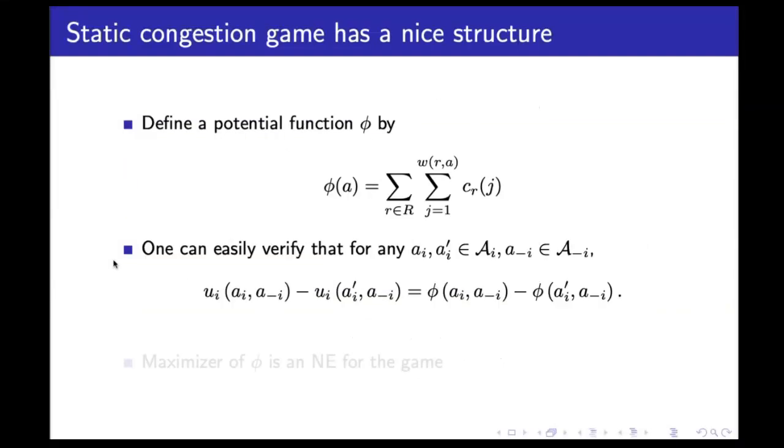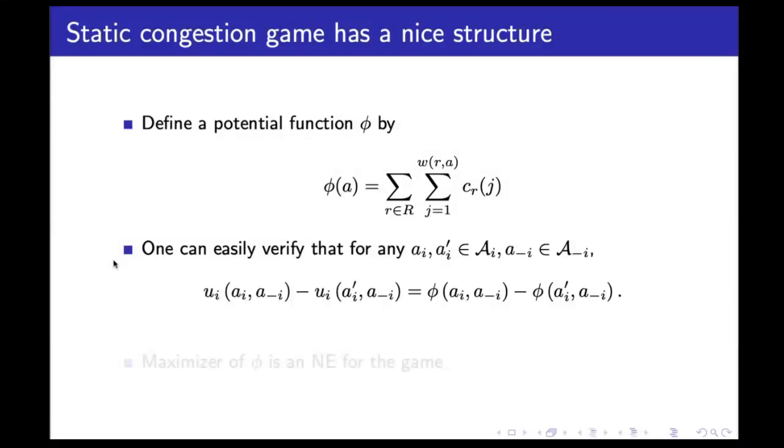So I want to mention why I'm giving this motivating example: mainly because this congestion game actually has a very nice structure. If we construct the function phi in this form, it seems a little bit artificial, but essentially you sum over all the facilities, doing a sort of discrete integration with respect to the cost function of each facility.